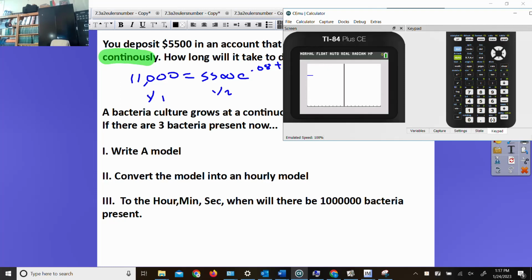And then graph. Set a Y max 15,000. Graph. Yeah, you better cut it off.